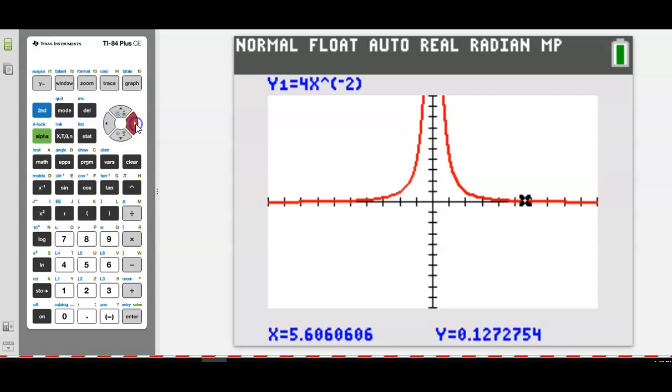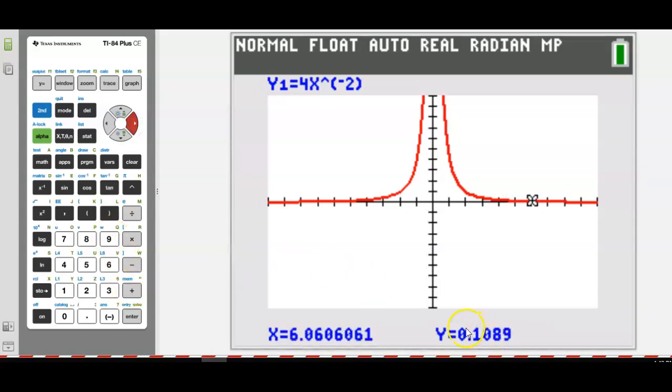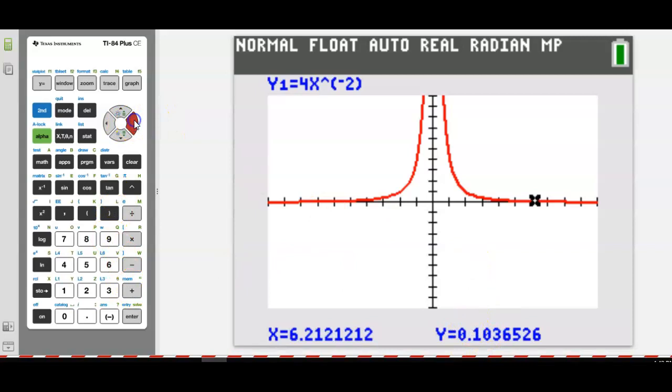If you notice, the y is getting very, very small right here, but it doesn't ever become 0.